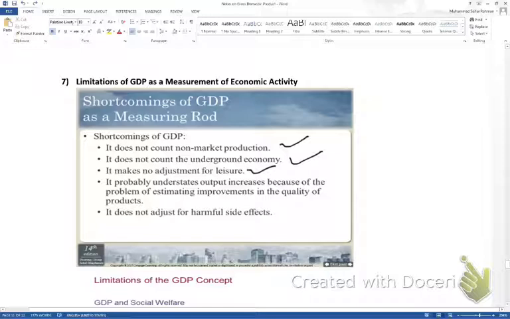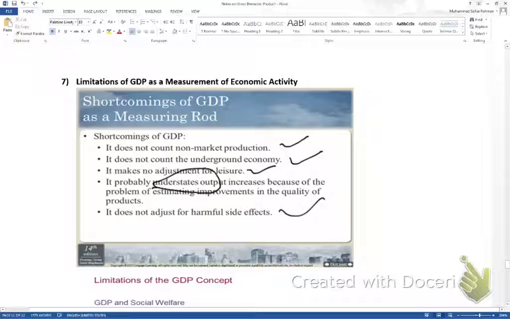That really doesn't tell us whether our living standard has gone up, by the way. Right? Think about this. Okay, so one could argue that by ignoring the qualitative aspect, our GDP really underestimates the output increase, right?